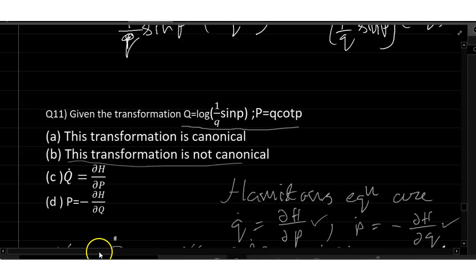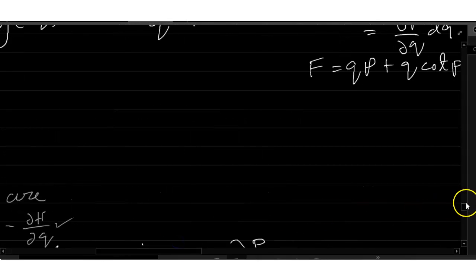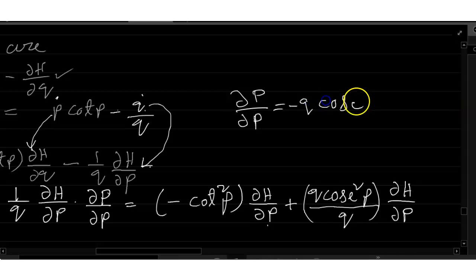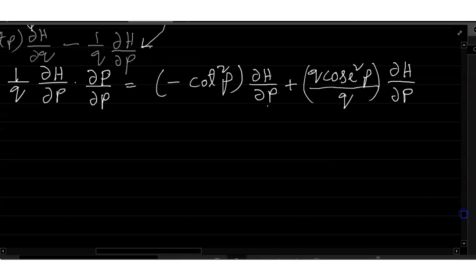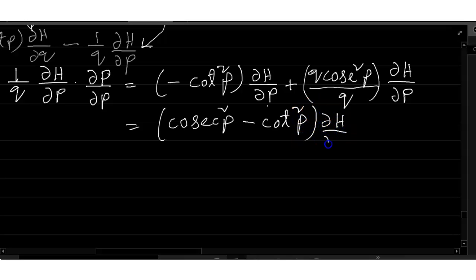P value is equal to q cot P, minus cosec square P del P is equal to q cosec square P. So I get this value is cosec square P minus cot square P is equal to del H by del capital P, can be written this way del H by del capital P.